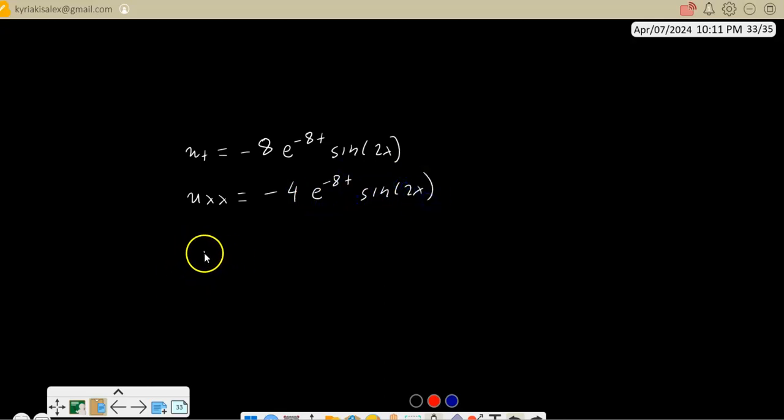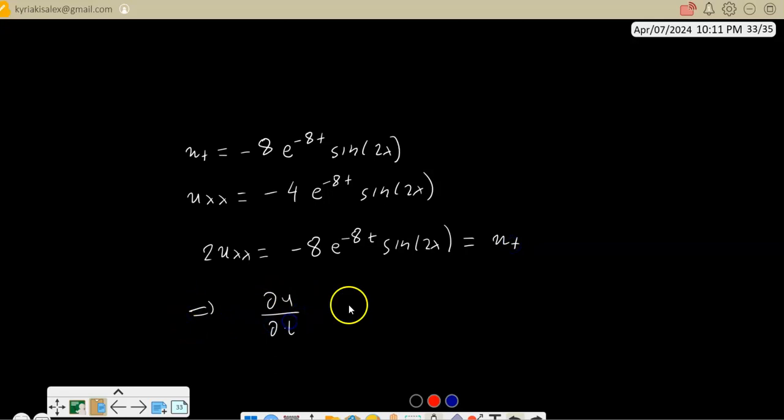If I take 2 times u_xx, it is minus 8 e to the minus 8t sine 2x, and this gives me u_t. So from here I have partial u with respect to t equals 2 times the second derivative of u with respect to x.